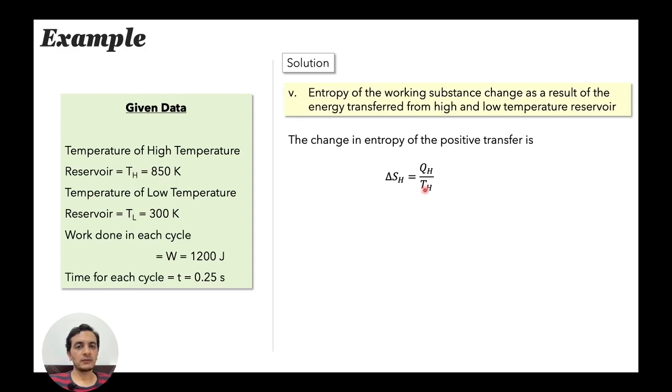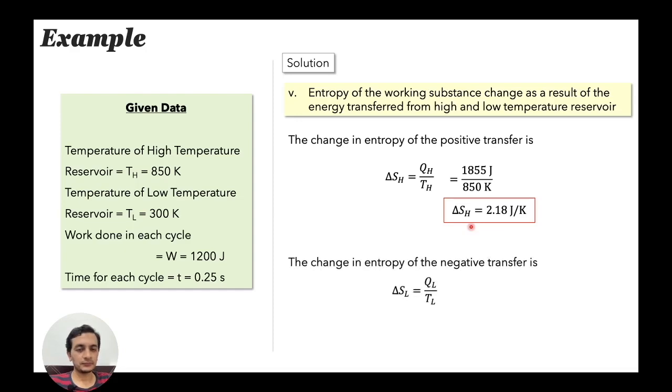In this case it will be TH, the temperature of the high temperature reservoir, and QH is the heat energy absorbed from the high temperature reservoir. We insert values, perform the calculation, and we get 2.18 joules per Kelvin change in the entropy of the high temperature reservoir.